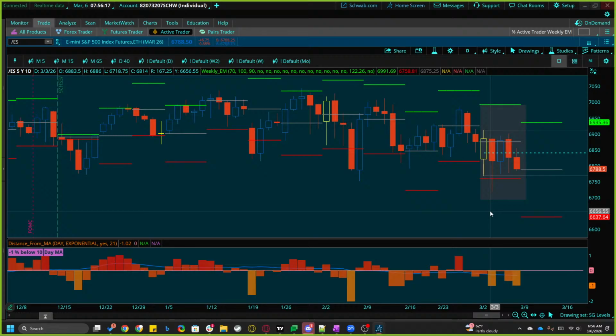Since volatility and time are two of the key components, we look at how many days in the trading week we had. This was a 5-day week. Next week is a 5-day week. So the weeks have the same amount of days. And yet, next week is much wider than the week that we just had. So the market is pricing in some serious volatility for next week.